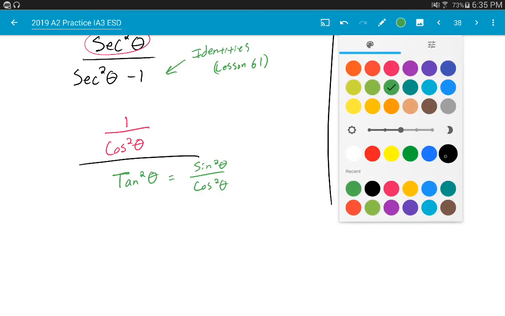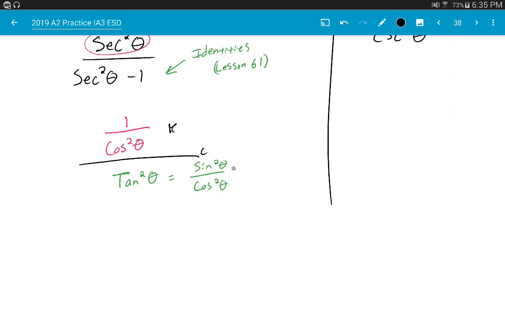And now I'm going to keep this, change this, and flip this. So I'm going to keep 1 over cosine squared theta, change the multiplication, and flip this, cosine squared theta over sine squared theta.